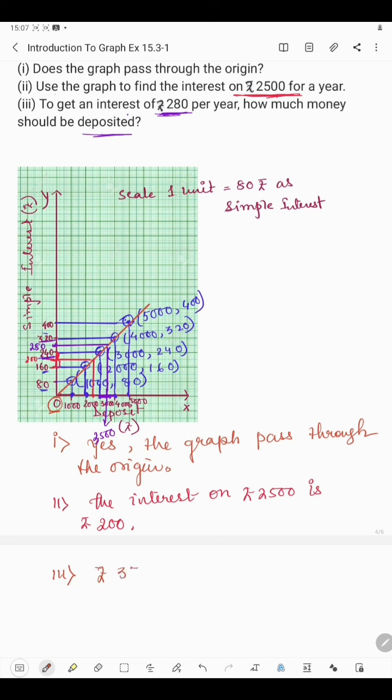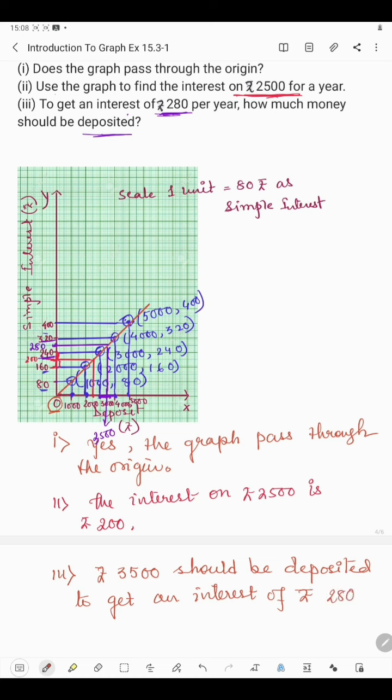Rupees 3500 should be deposited to get an interest of rupees 280. Okay. So this was question number 1. Thank you, students.